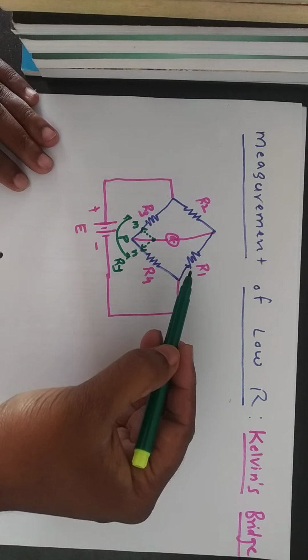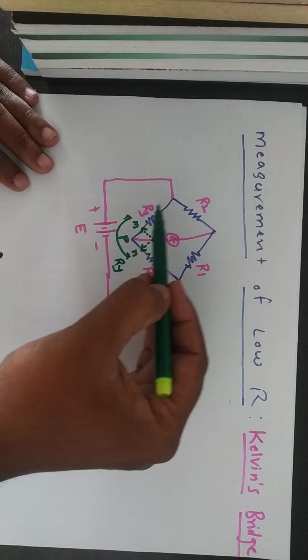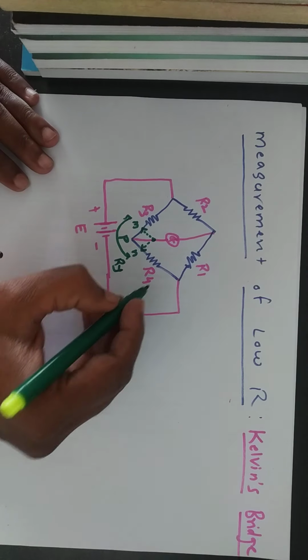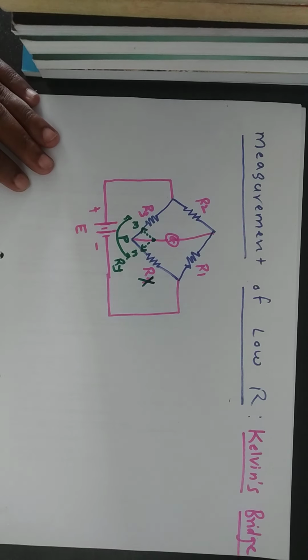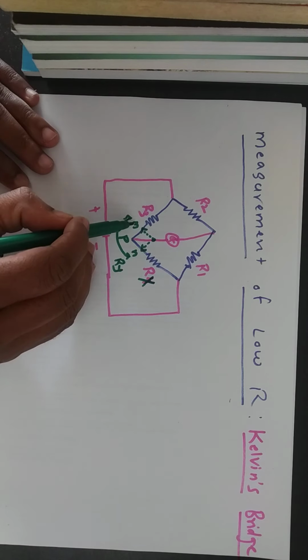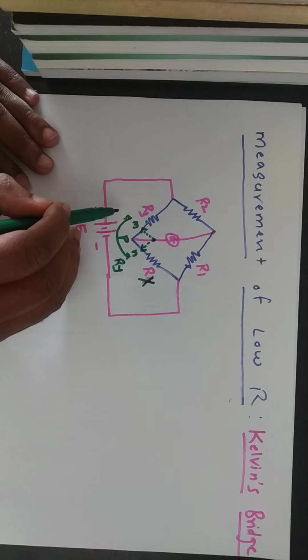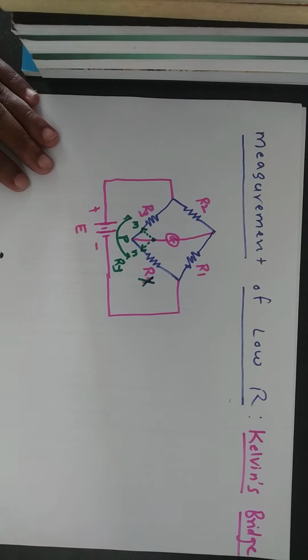So we have connected the four resistances R1, R2, R3, and R4, or rather this is not R4, it is Rx. This is point M, this is point N, and the total resistance of this is Ry. This is your source E. So basically it is a modification of the Wheatstone bridge and provides great accuracy in the measurement of low value resistance, the Kelvin's bridge.